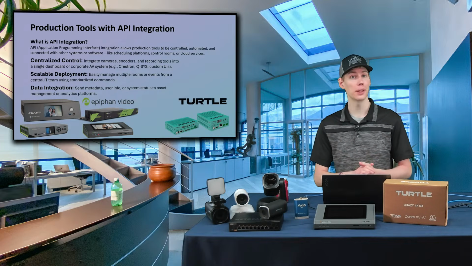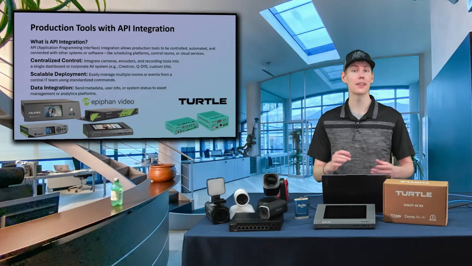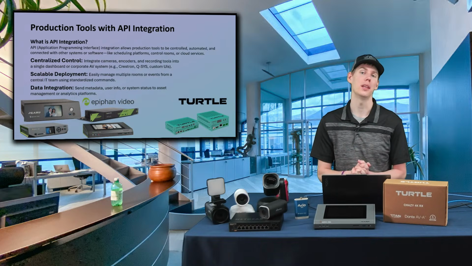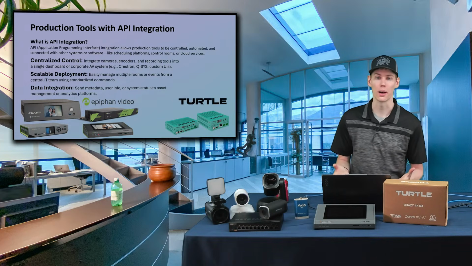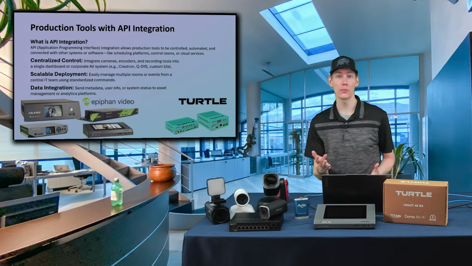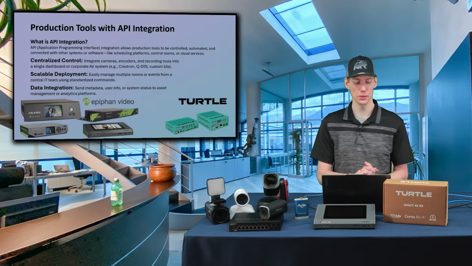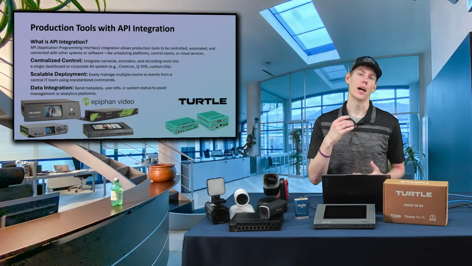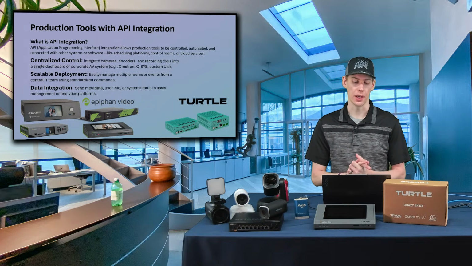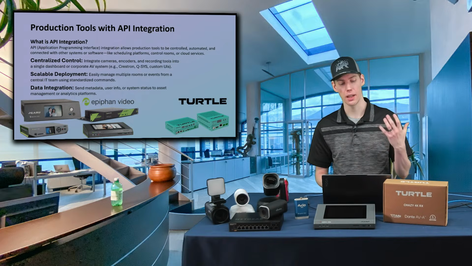If you know that you're doing a meeting every Tuesday at 3 o'clock Eastern, you can schedule the Epiphan Pearls to start doing that. They have 4 flavors of the Epiphan Pearl systems. They have the Epiphan Mini, Epiphan Nano, Epiphan Pearl Nexus, and the Pearl 2.